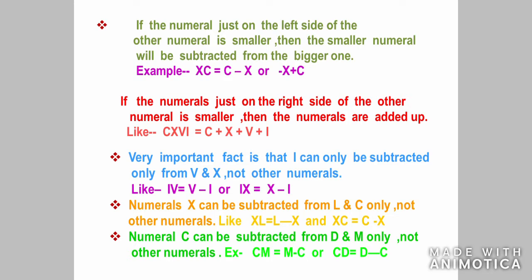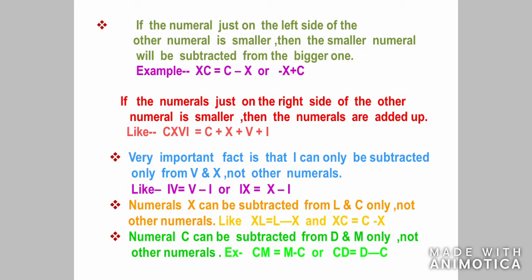Number 5. If the numeral just on the left side of the other numeral is smaller, then the smaller numeral will be subtracted from the bigger one. Example, XC is equal to C minus X. If the numeral just on the right side of the other numeral is smaller, then the numerals are added up.